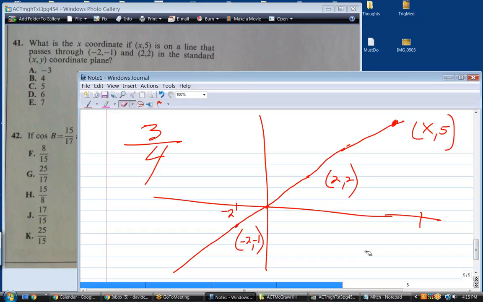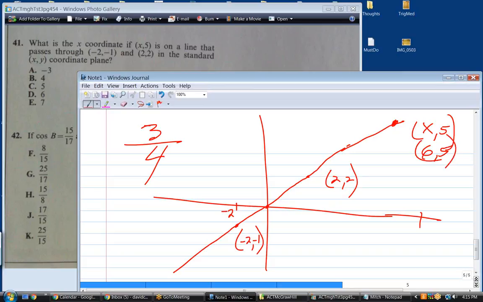So up 3, which gets you to 5, the y-coordinate of 5, and then over 4, which gets you the x-coordinate of 6. And that indeed would give you a slope of 3/4. So you're right, 6 is the answer.